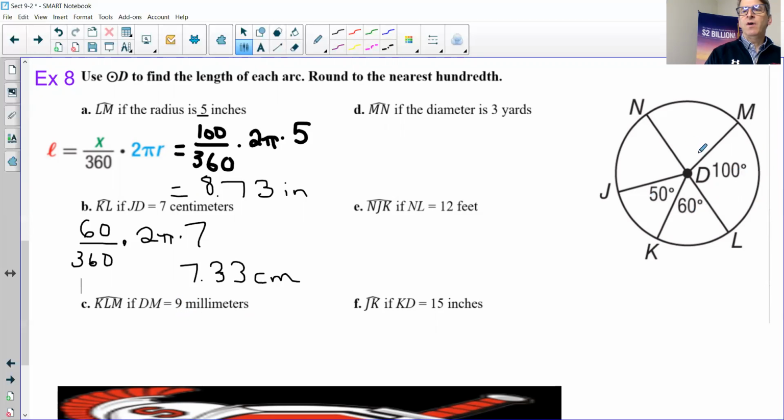So our central angle is going to be 100 plus 60, which is 160, divided by 360, multiplied by 2 times pi times the radius for letter C, which is 9.